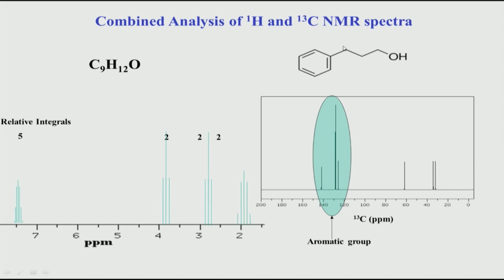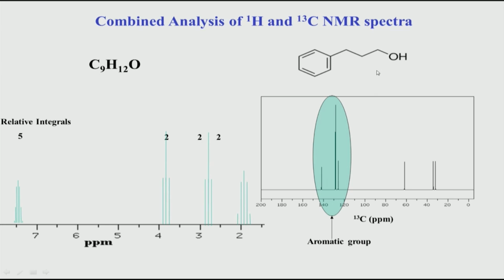The proton which is here will be more downfield shifted relative to this because of the electron withdrawing group, and that is this peak here, because it is coming in at 3 ppm, it is downfield shifted. It is a triplet because these 2 protons are coupled to 2 protons here. According to the n plus 1 rule, these 2 protons will be equivalent and show a triplet multiplet from J coupling, and this proton is downfield shifted because of the OH.